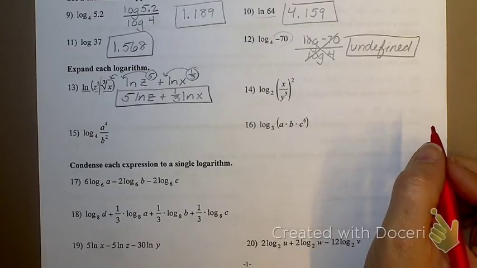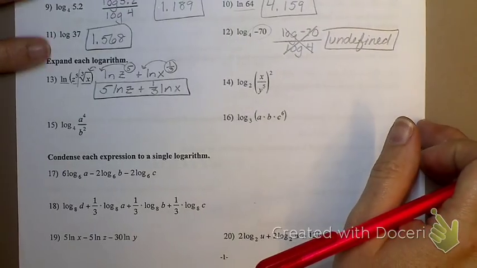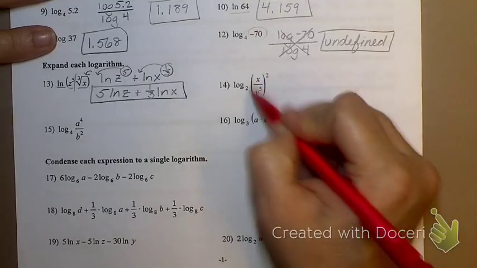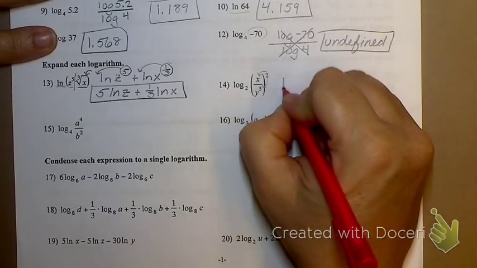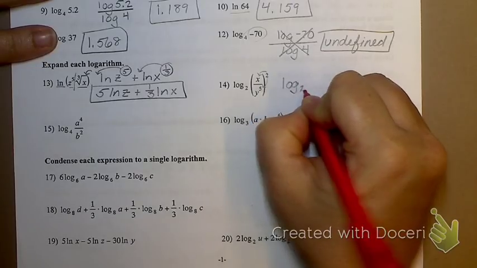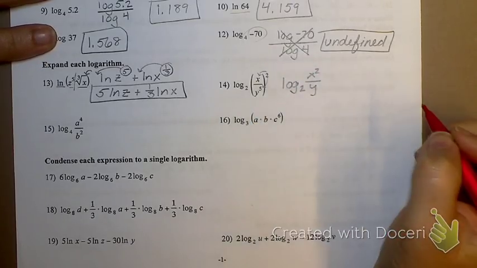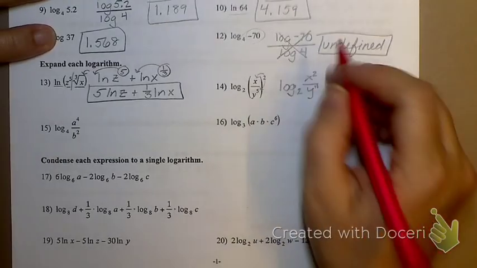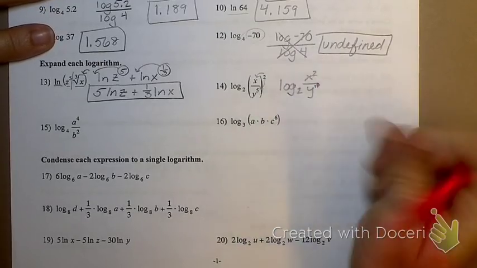Okay? All right. This guy, I'm going to start off by simplifying these parentheses by giving the exponent both to the top and the bottom. That gives me log base 2 of x squared over y to the what? 10th. Now I'm going to split up the fraction. The fraction is division. What does division expand to?